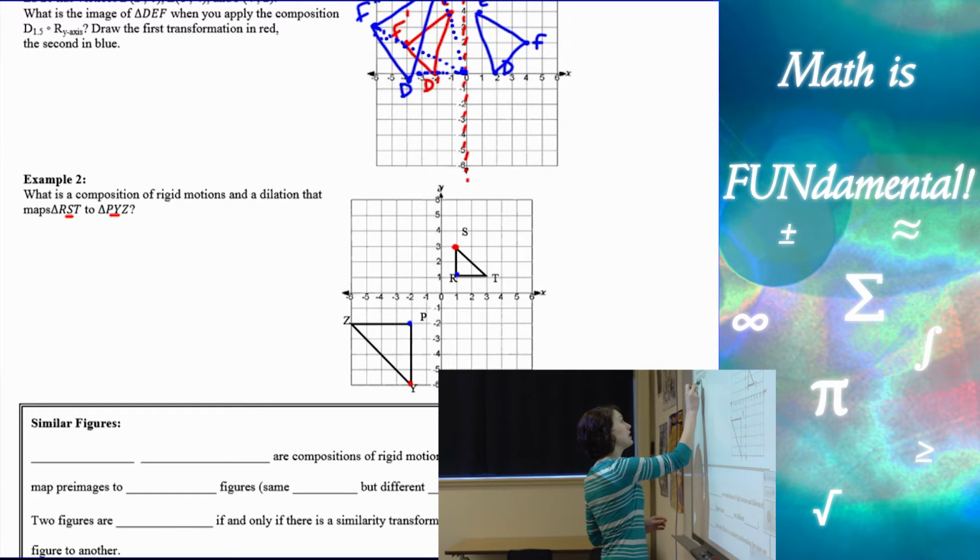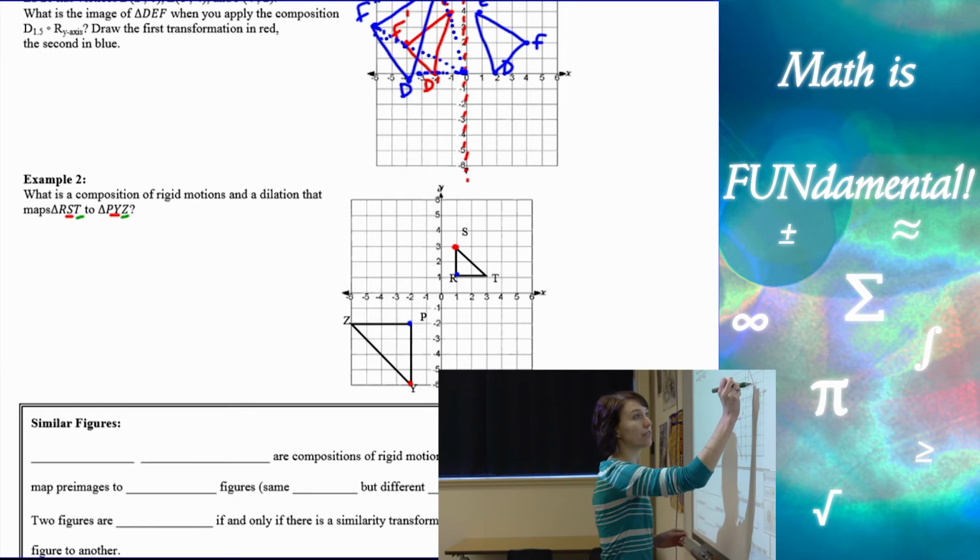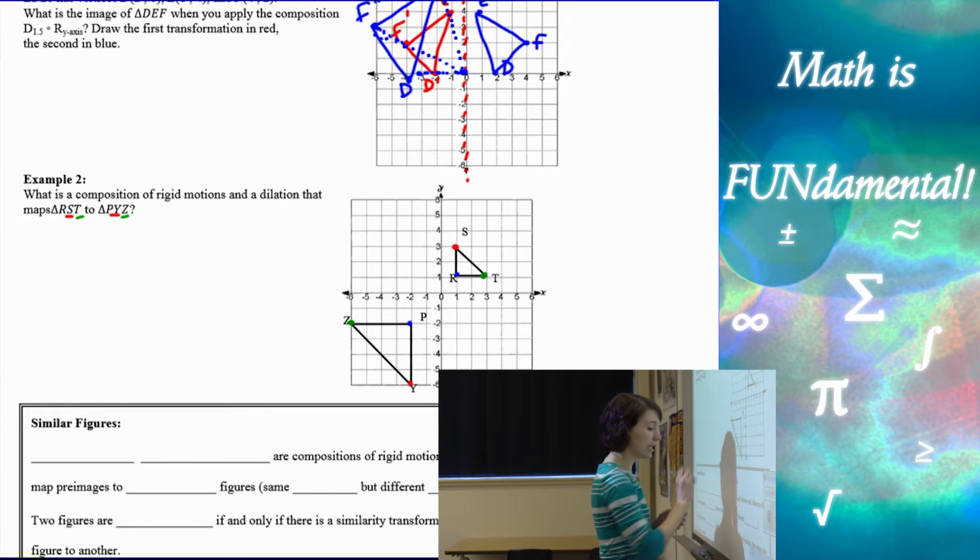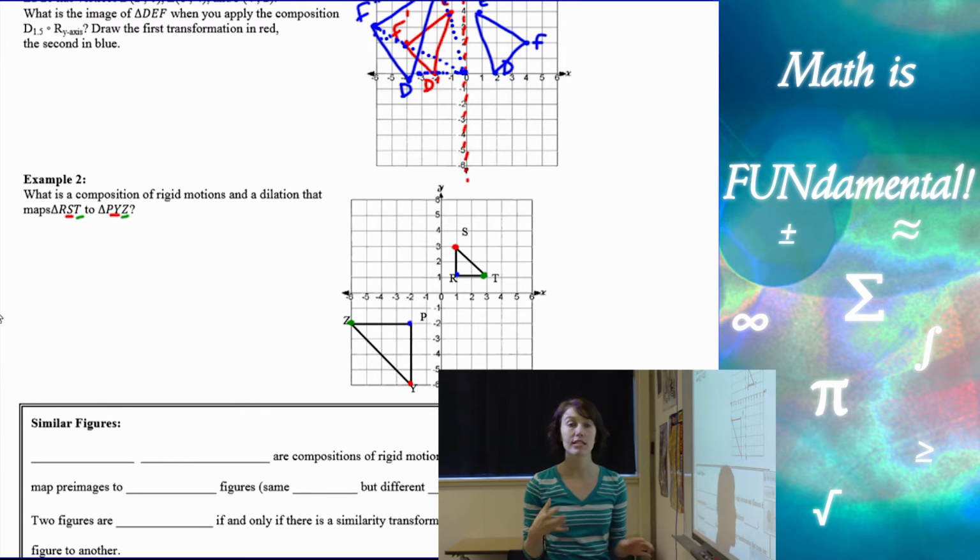And then T maps to Z. So T has to go to Z. It's very important that you do this little color coding trick, or whatever trick you need to do to see exactly where these points need to go. Otherwise, you might miss something like a reflection or a rotation in your image.